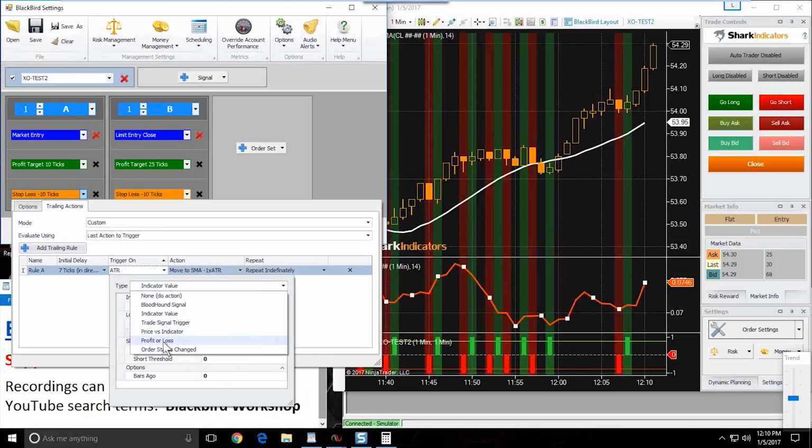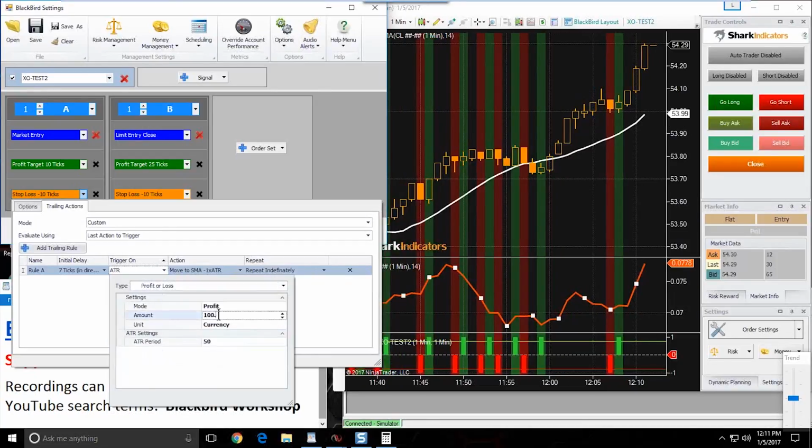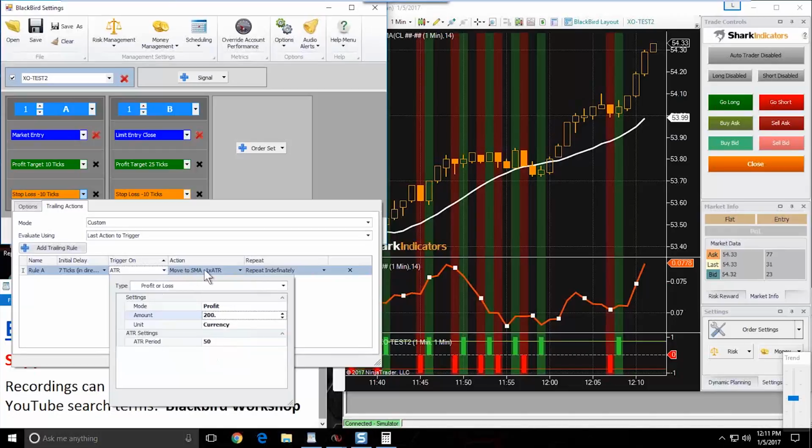Again, if we're using the profit and loss, let's say our profit has to stay above $200 in order for this trailing rule to execute or to repeat.